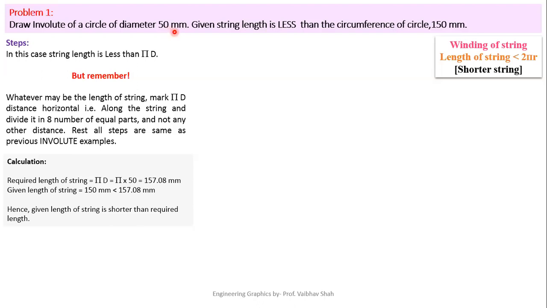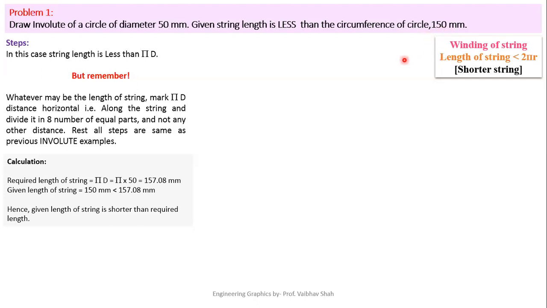So here we will be either winding or unwinding the string from a circle of diameter 50 mm. Now given string length is obviously here said that less than the circumference of the circle. So we are dealing with the special case in which our given string length is less than our circumference of the circle. So 150 mm is nothing but your given length of a string.